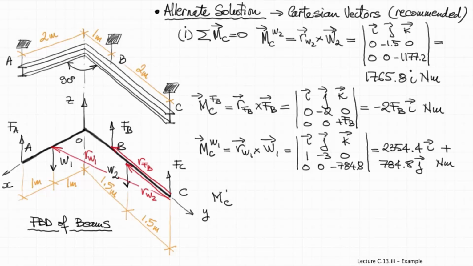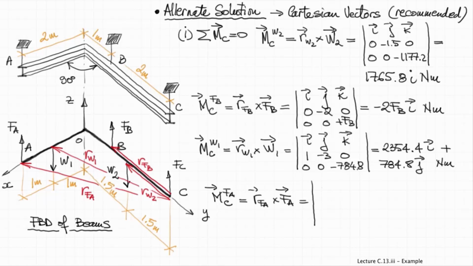The next force is the force in the cable at A. So this one will again equal the position vector for the force in the cable A cross the force in the cable A. So let's show the position vector on the diagram, like so. And now you can see all the 4 position vectors.